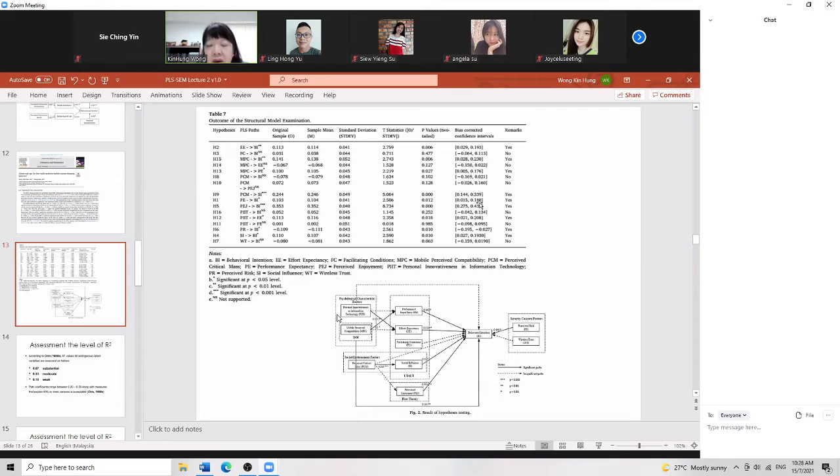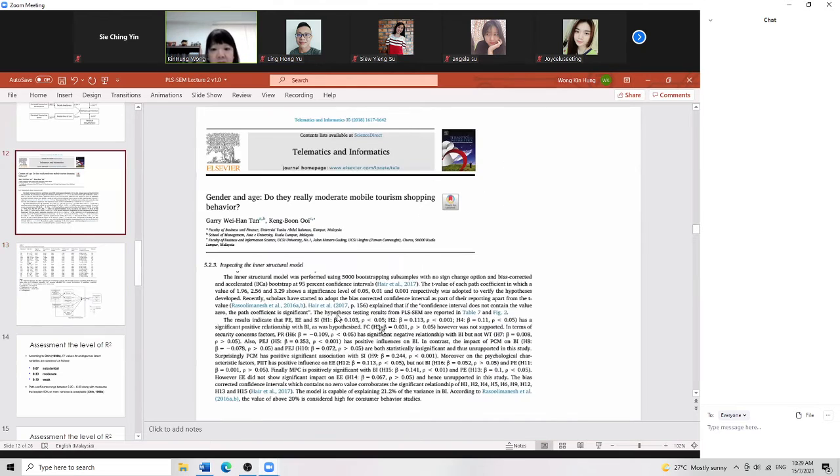All right, so yes, supported, 0.15, 0.18, no zeros, and this one is less than 0.05, okay? So you see here, less than 0.05, has a significant positive relationship with BI, behavioral intention, as was hypothesized, okay? So that's how you interpret the thing, okay?